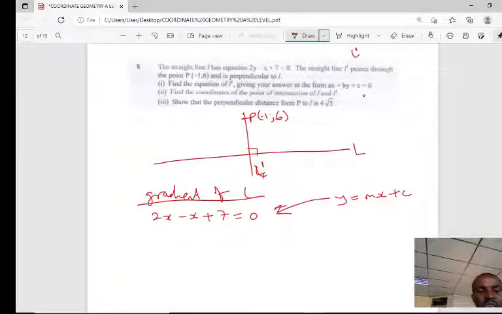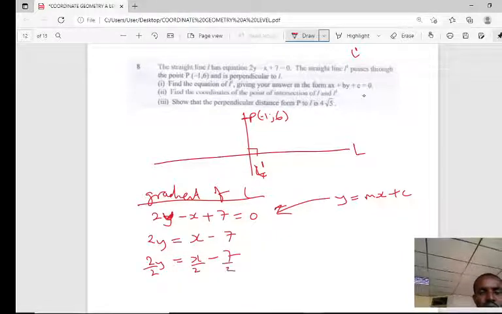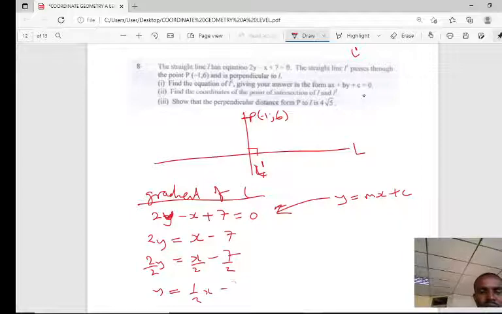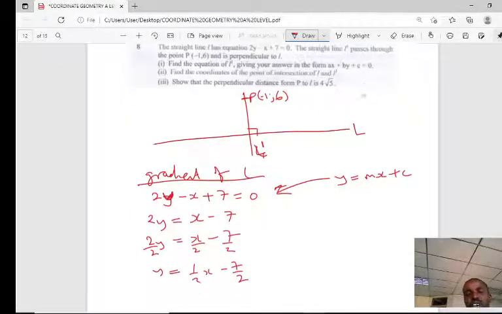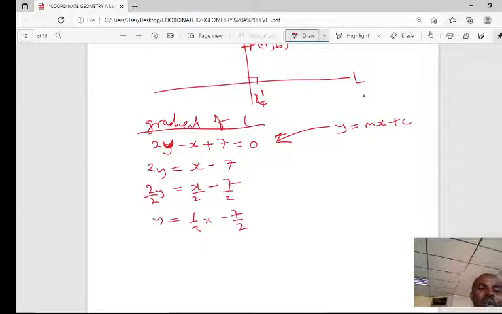So 2y is equal to x minus 7, divided by 2 everything, you get y is equal to half x minus 7 over 2, which means the gradient of line L is half.